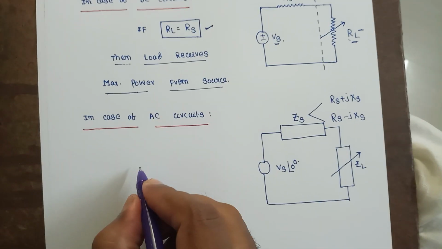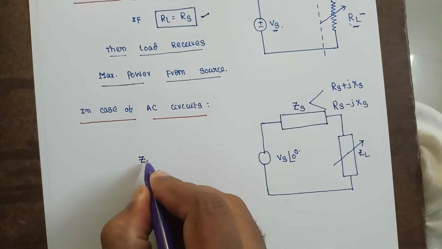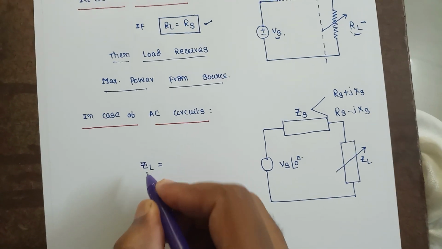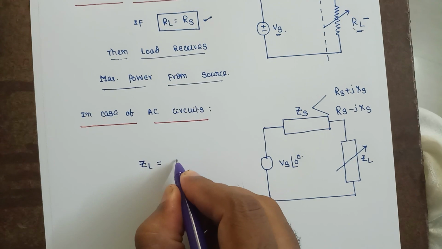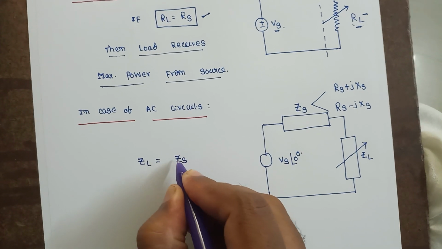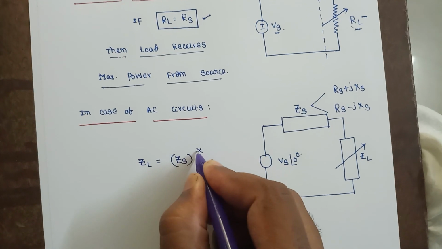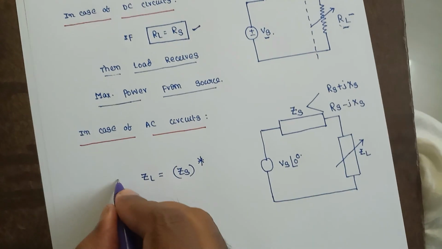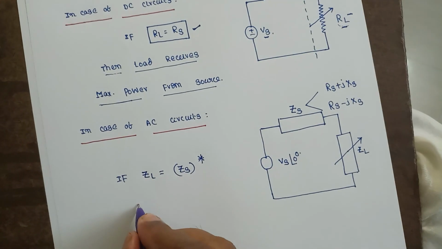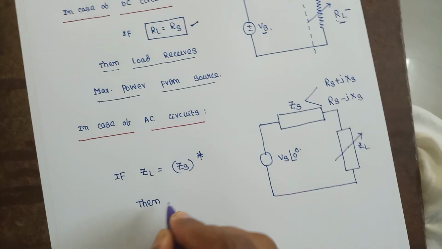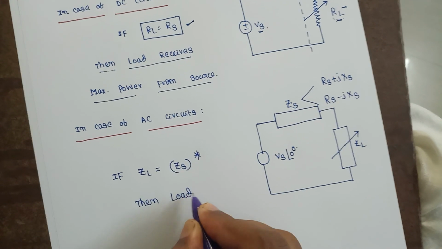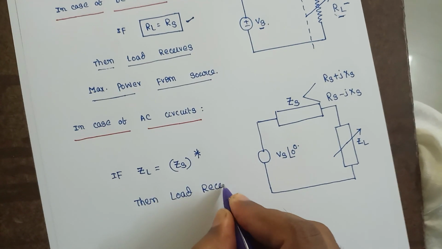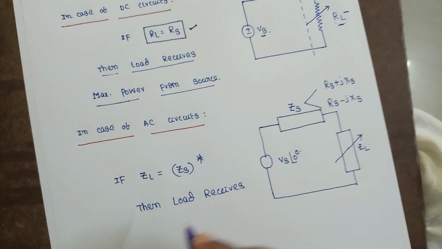Therefore, whenever the load impedance is equal to the complex conjugate of the source impedance, then the load receives maximum power from the source.